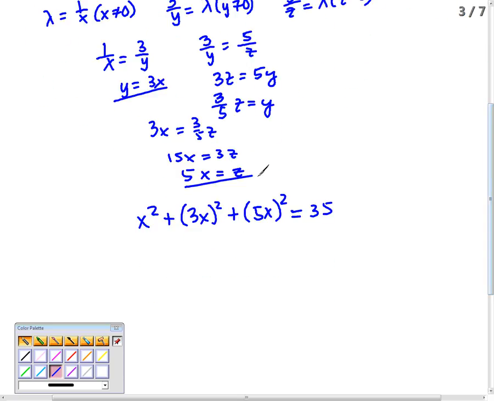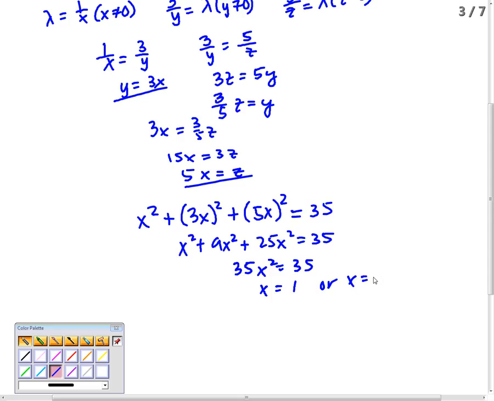So I have 1 plus 9 plus 25, that's 35. So x squared equals 1. So x equals 1 or x equals -1. Am I allowed to have positives and negatives here? Yes. Sure. We're talking about a sphere, right? So I can have negative values too.